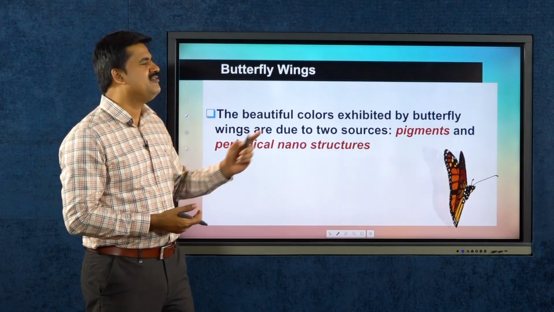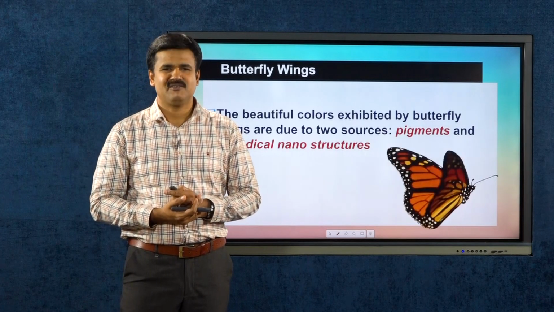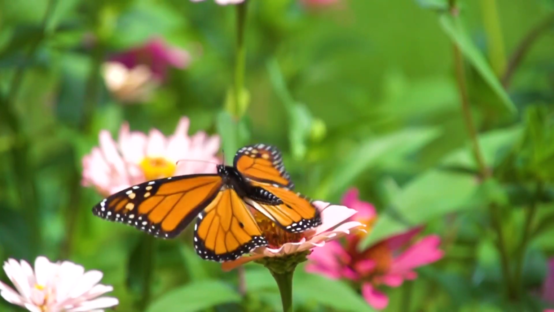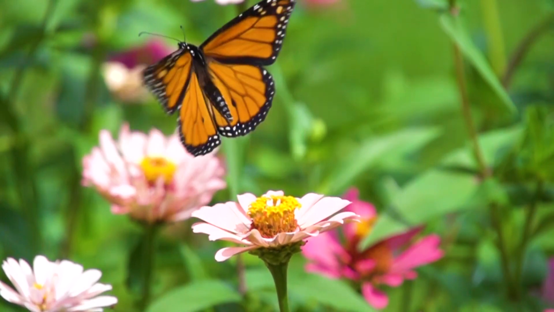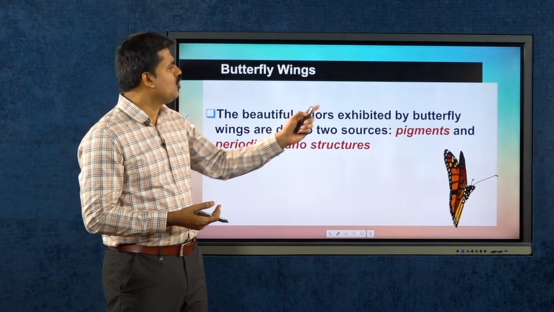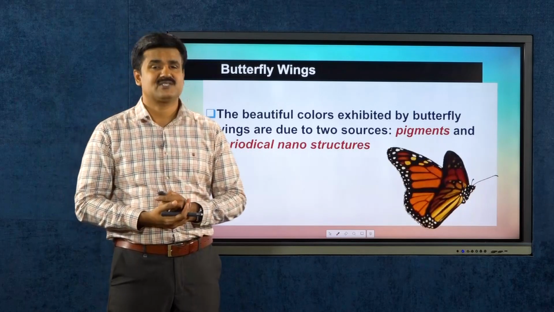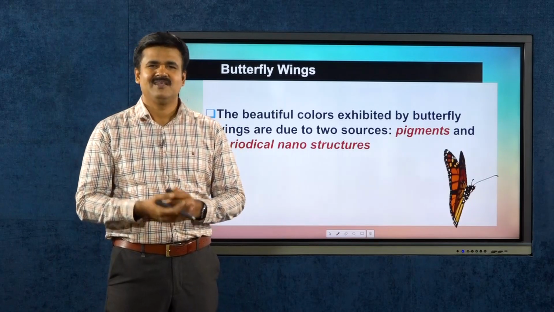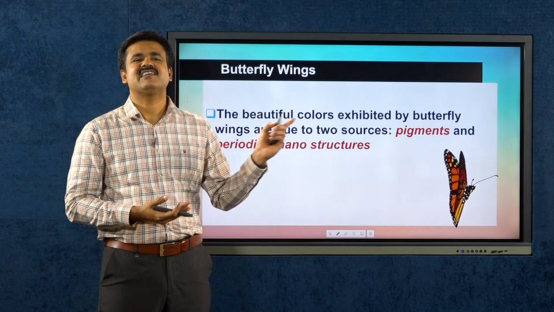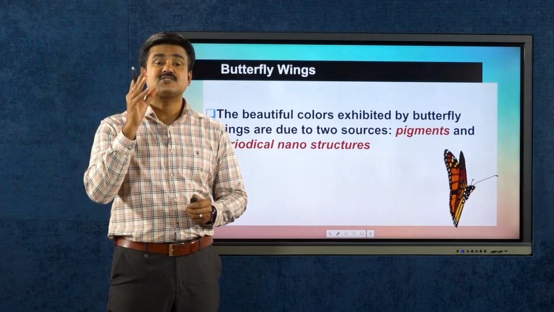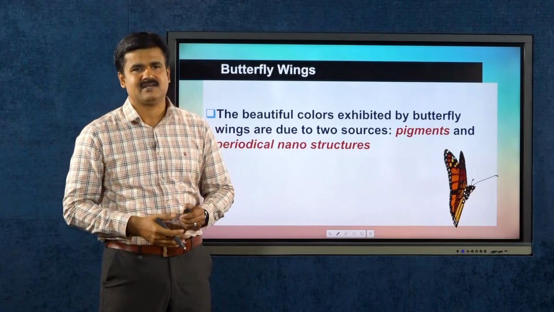Now, the very beautiful butterfly wings. The beautiful colors exhibited by the wings of the butterfly may be due to two sources: the common pigments or dyes, and periodical nanostructures. So, even in the butterfly, we can see the presence of periodical nanostructures, which has a strong contribution towards its color.